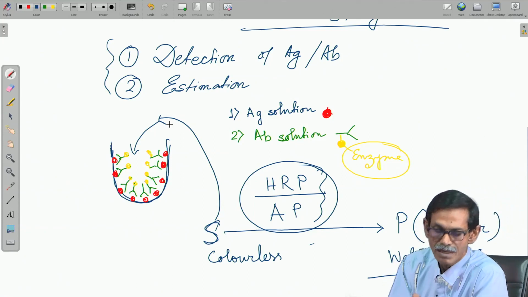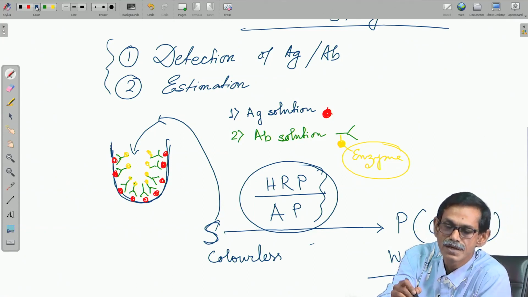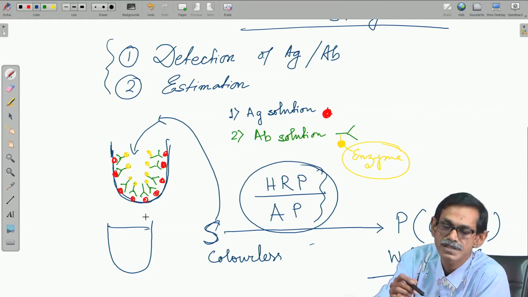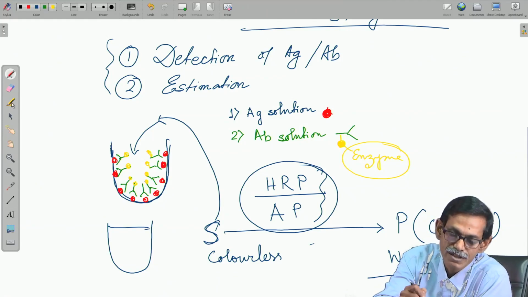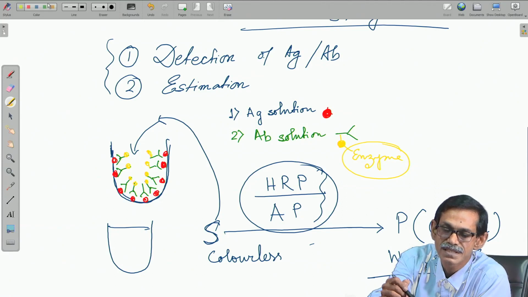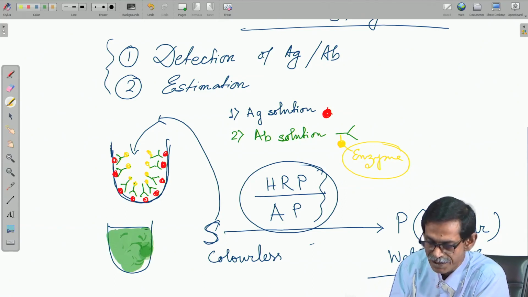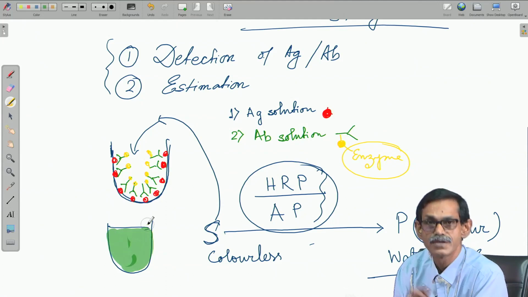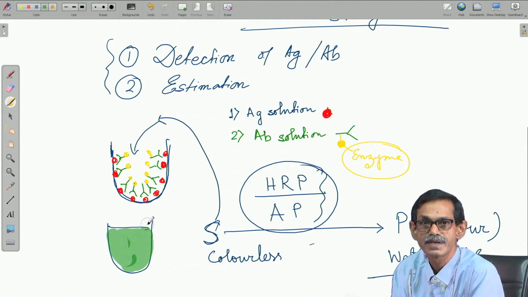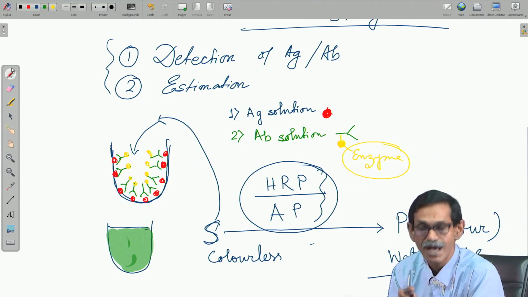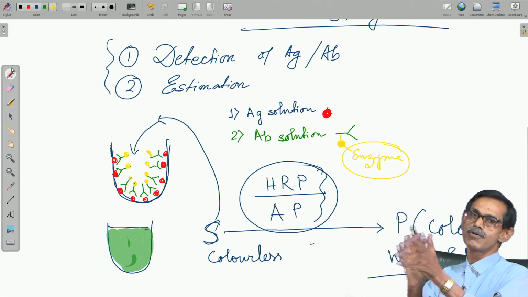So, what we will see is that the well which was nothing, suppose this solution is green, then the whole solution, the whole tube, will be green, and depending on how much, I mean, so now the question is, this is the whole technique.